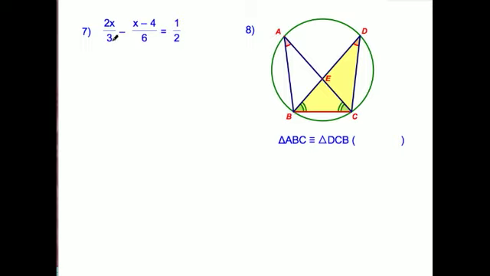Now we have algebraic fractions in an equation. To solve this equation, we need to get rid of the denominator. To do that, we multiply throughout by the LCM 6. In this way, we can cancel out the denominator.